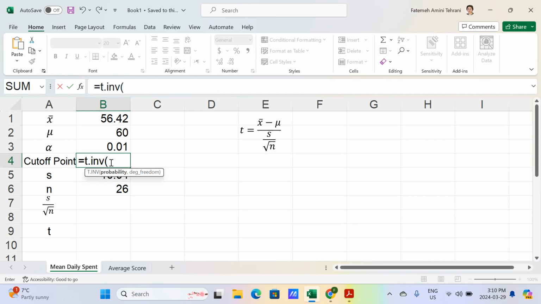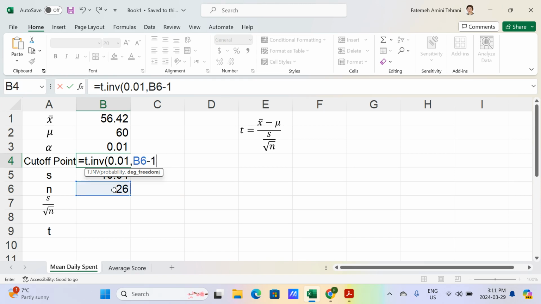I'm looking for the cutoff point where the area on the left side is 0.01. I need to enter that here, and the degrees of freedom. Degrees of freedom of the t-student always is sample size, 26, minus 1.